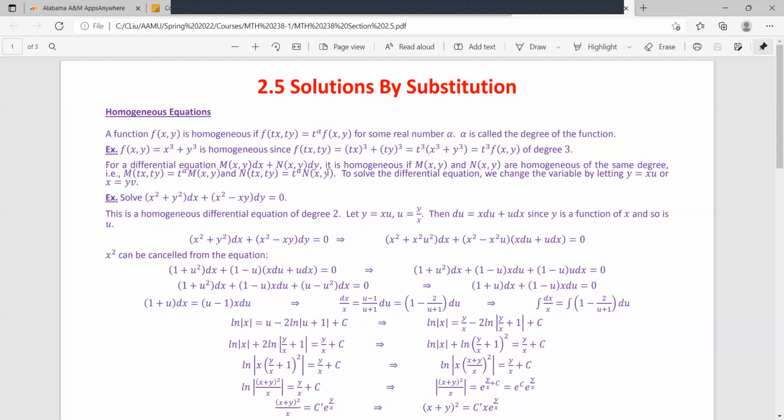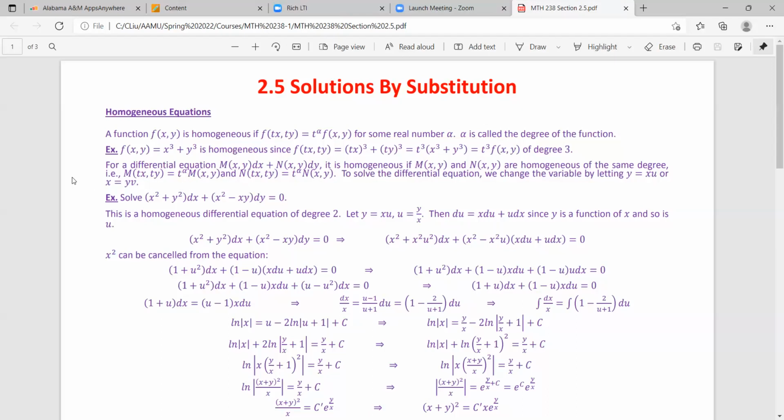So this equation is homogeneous if both M and N are homogeneous of the same degree. Okay. So that means M of tx, ty equals t to the alpha M of x, y, and N of tx, ty equals t to the alpha times N of x, y.